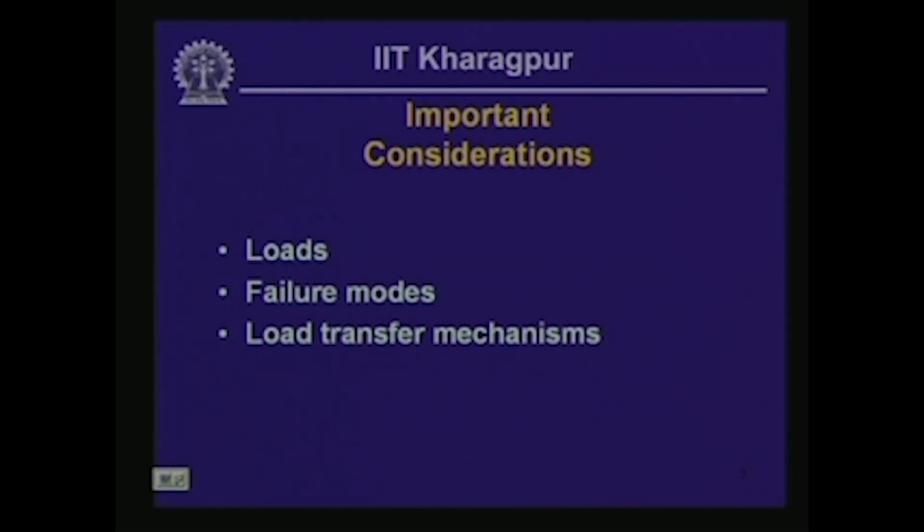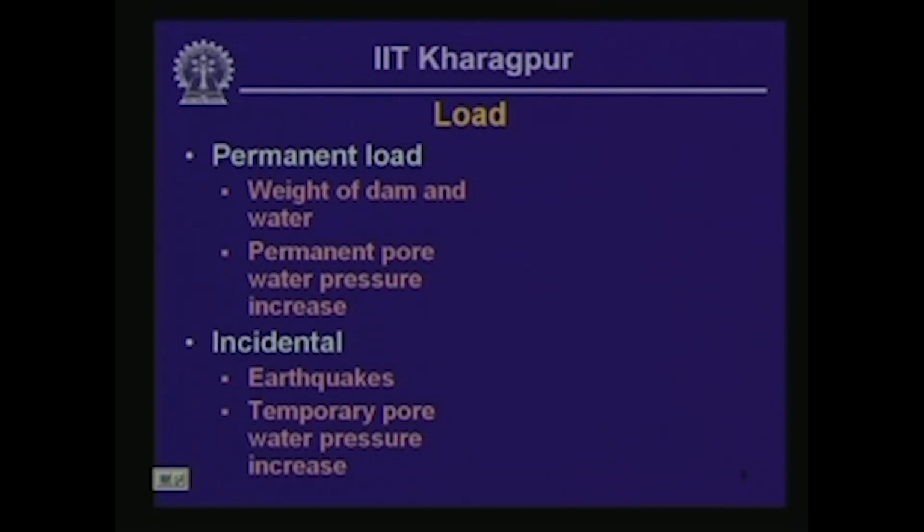We are going to look at these topics one by one. First, we consider loads that are imposed by a dam and the reservoir that is going to be supported by the dam, or the tailings mass that is going to be retained by the dam. Loads are of two types. Loads could be permanent.